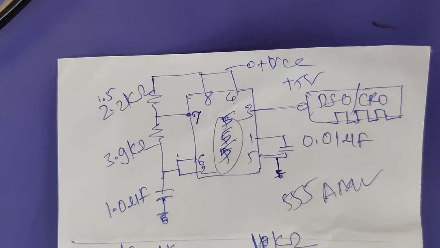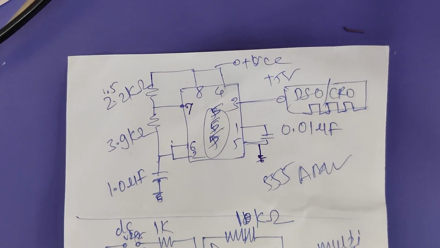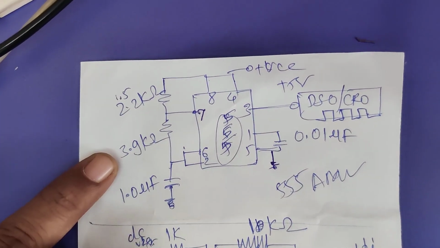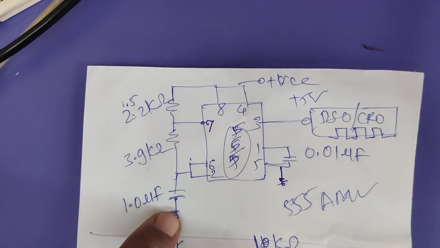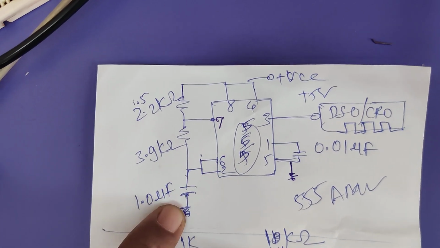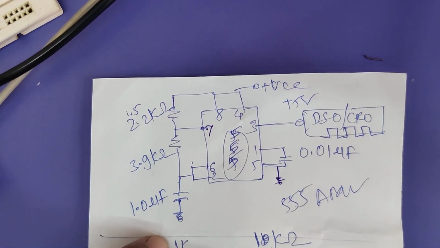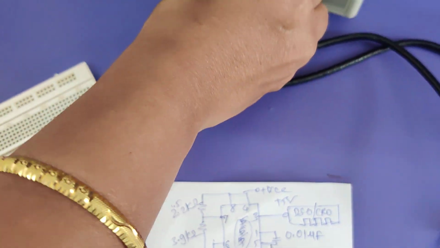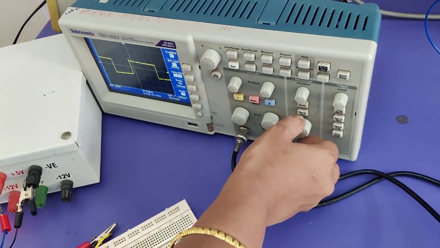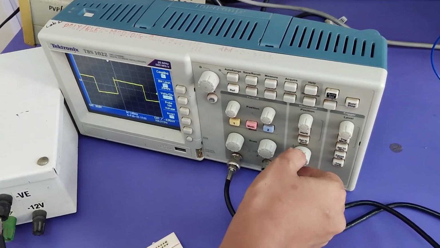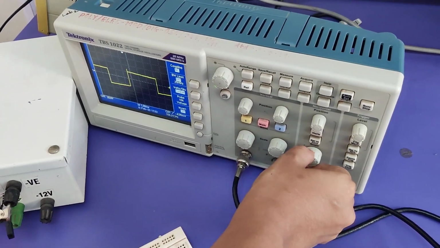For the frequency, we need to change the resistor values and this capacitor. We can observe the capacitor charging and discharging waveforms also. If you change it with the help of this knob, you can change this and calculate the duty cycle.